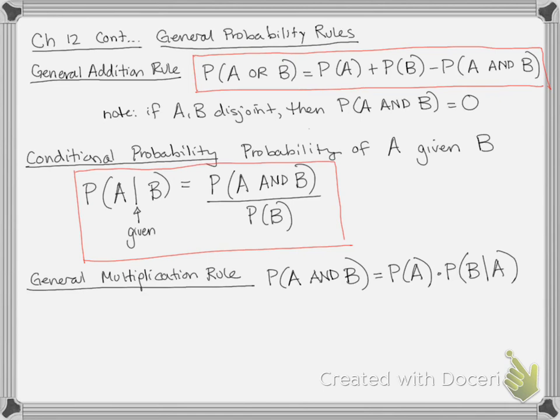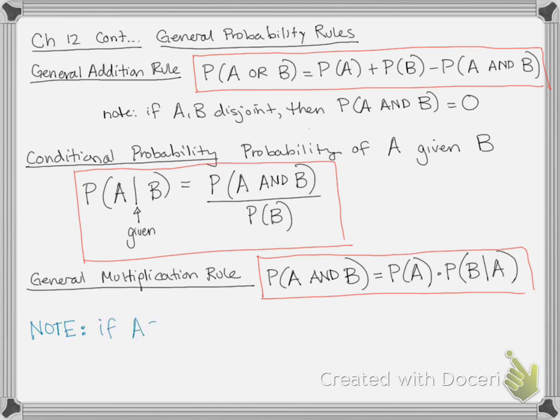Okay, so this multiplication rule works whether or not my events are independent. But then there's this huge important note that I want to make, and I'm going to do it in blue or something. Note. Right?